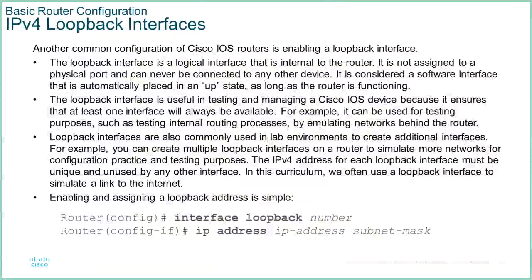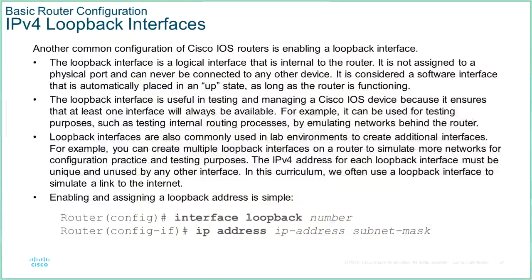So we use it for testing connectivity. We also use it, as I just said, for instances of routing protocols and things like that. We can make it an interface that is only recognized locally, in other words, to that device, or we can make that interface one that can be seen by other devices to check connectivity as well.